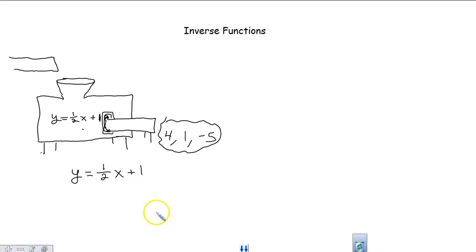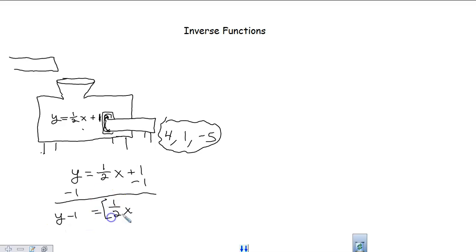So if I wanted to work backwards and figure out what originally was on that top conveyor belt, I'm just going to basically solve for x, right? Because I want to know what was my original x value. So I'm going to subtract 1. I'm going to get 1/2 x equals y minus 1.